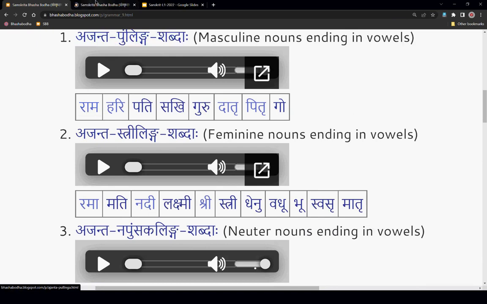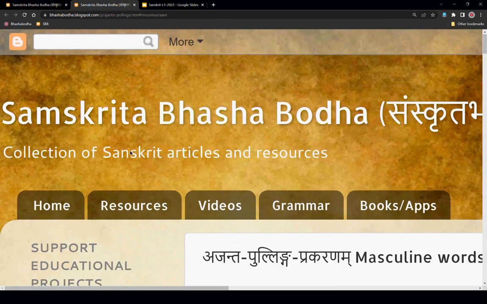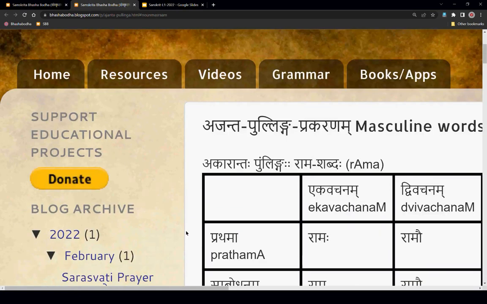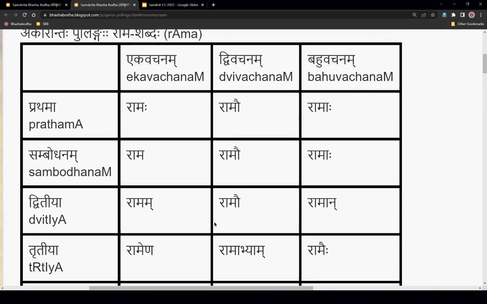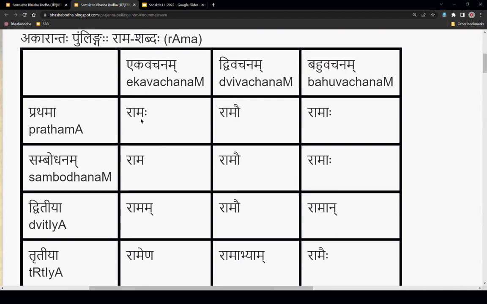So if you look at the noun forms here, Rama, Rama, Rama, etc., these are all the nouns actually, Namapadani. These are different forms of this base word Rama.